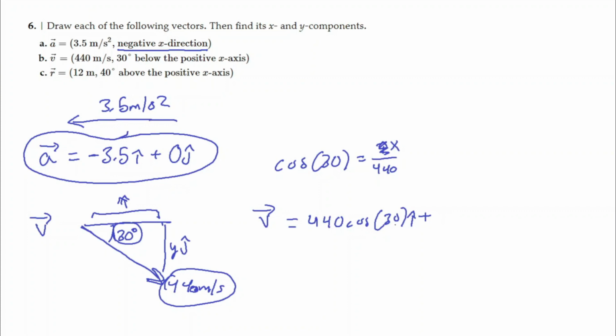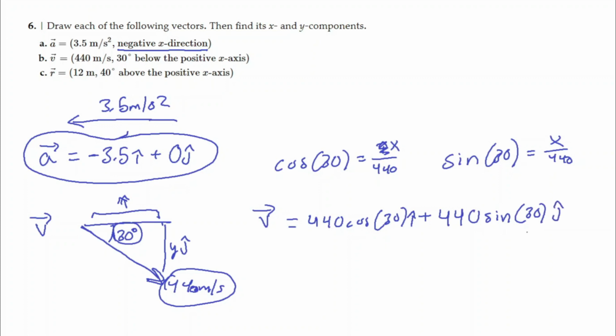But now, to find our y component, we're going to have to use sine, because we're dealing with the opposite and the hypotenuse, because y is the opposite side here. So sine 30 is equal to y over 440, because that's opposite over hypotenuse, which means y is going to be equal to 440 times sine 30 degrees.